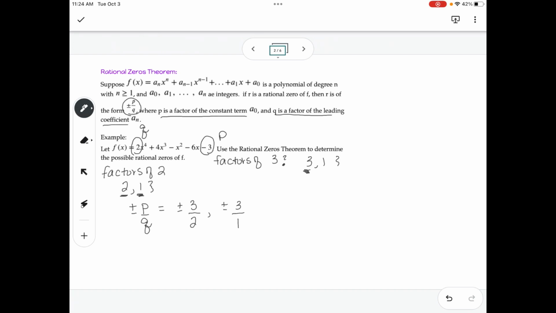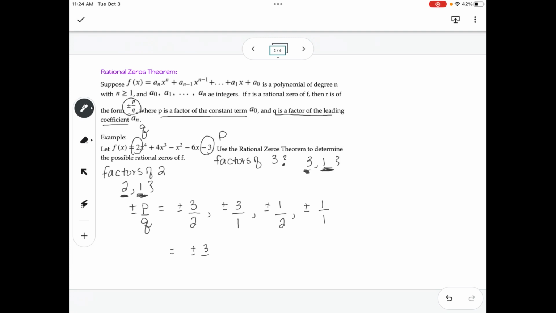That covers all of my factors of 3 over the factors 2 and 1. Now I need the factor 1 as p: plus or minus 1 over each factor of q, 2 and 1. And then, of course, we will want to simplify.